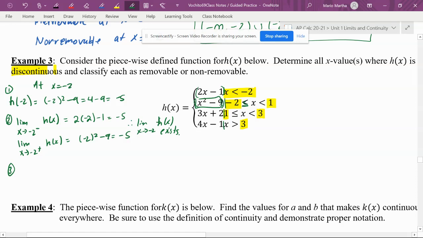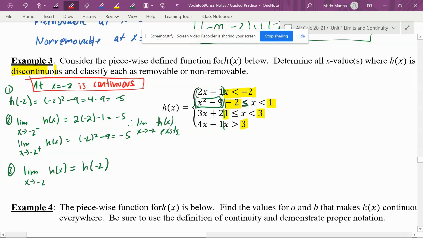And our last conclusion is that the limit as x approaches -2 of h of x is also equal to h of -2. So at x equals -2, the function is continuous. All right, so nothing happens there.